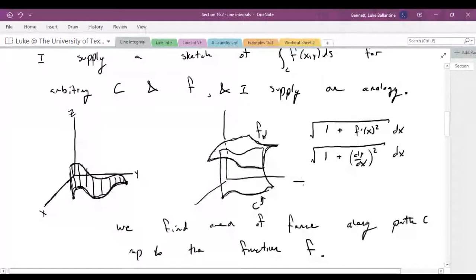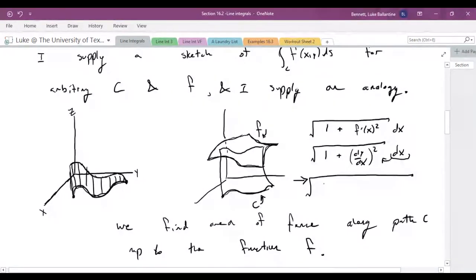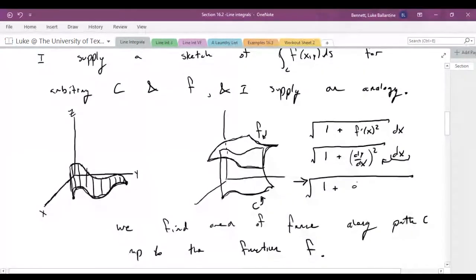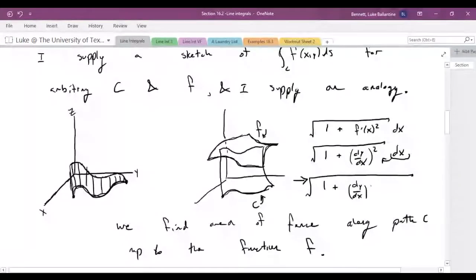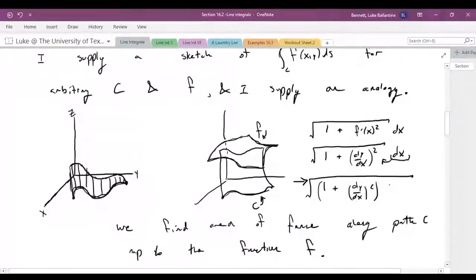Well, I'm going to put the dx inside the radical. If I put it inside the radical, that means I have to square it. And what does this give us?